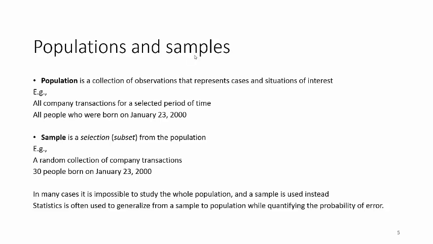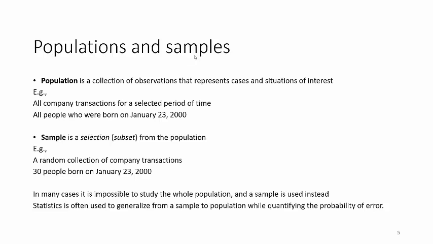Another example is all people who were born on January 23rd, 2000. However, a sample is a selection from the population. So a sample is just a collection of observations from the population. Examples are a random collection of companies' transactions, or 30 people born on January 23rd, 2000.